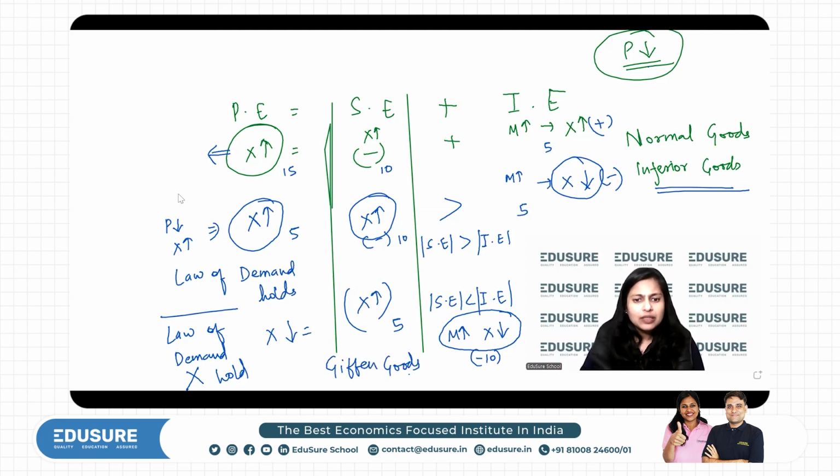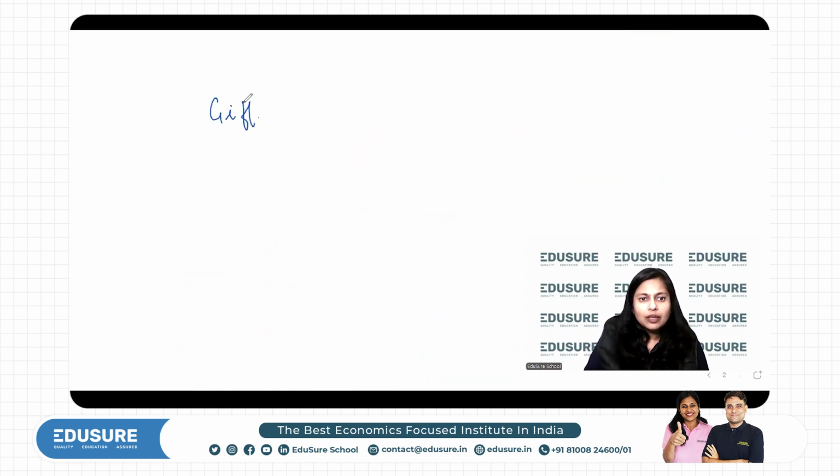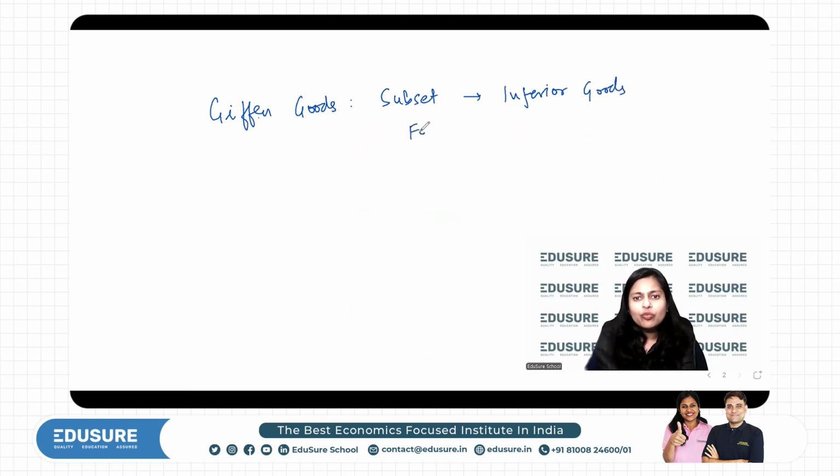So what is the special definition of Giffen goods? Let's note that down. Giffen goods are a subset of inferior goods.